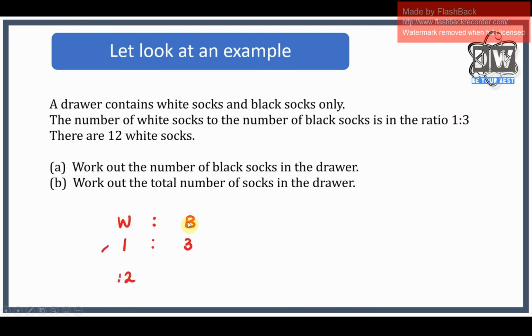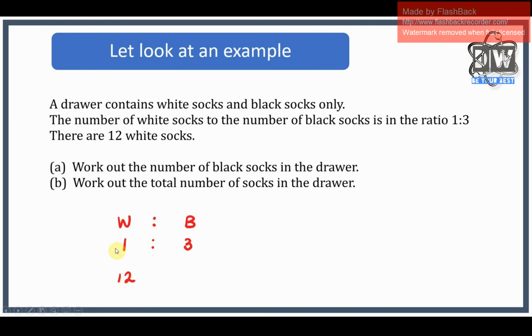But this time we know that there are 12 white socks, and each round we have 1 being given to white. So if there are 12 white socks, and each round, every time I share them out, I give 1 white sock and 3 black socks, then it's going to take me 12 rounds to get rid of my white socks here.